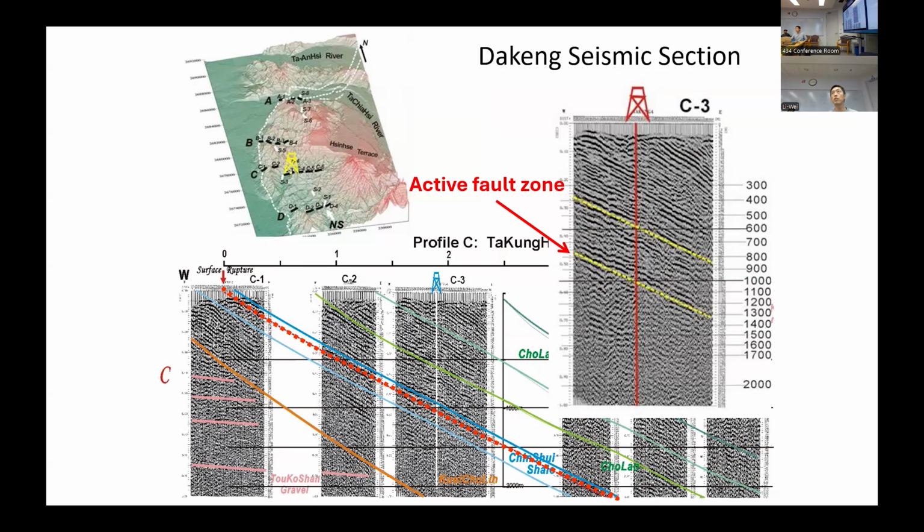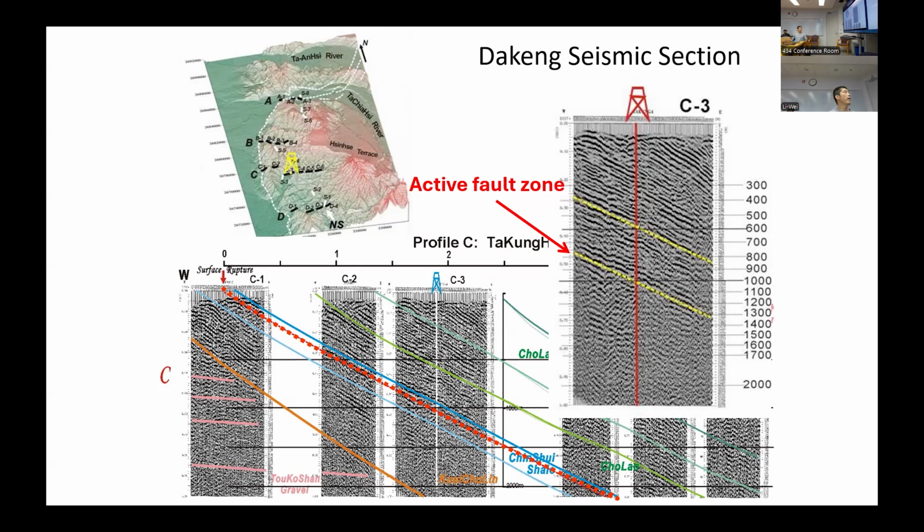So we check here. The pointer is gone. So you can see here. We have outcrop constraints over here, and we did a lot of reflection seismic profiling, trying to make sure of the active fault zone through the depth.